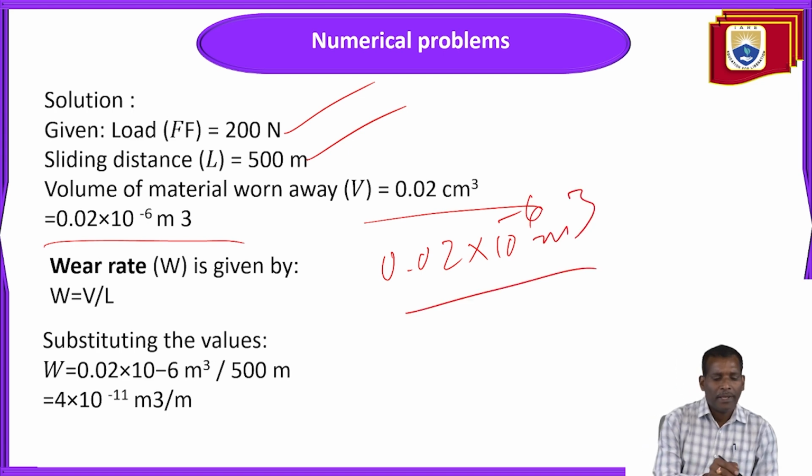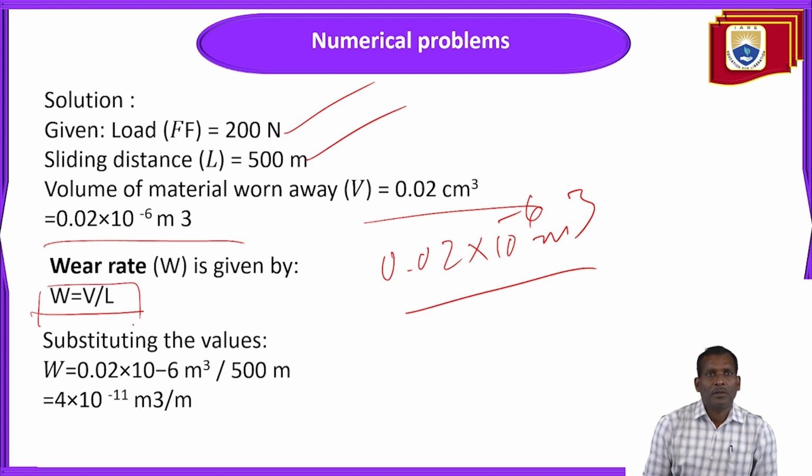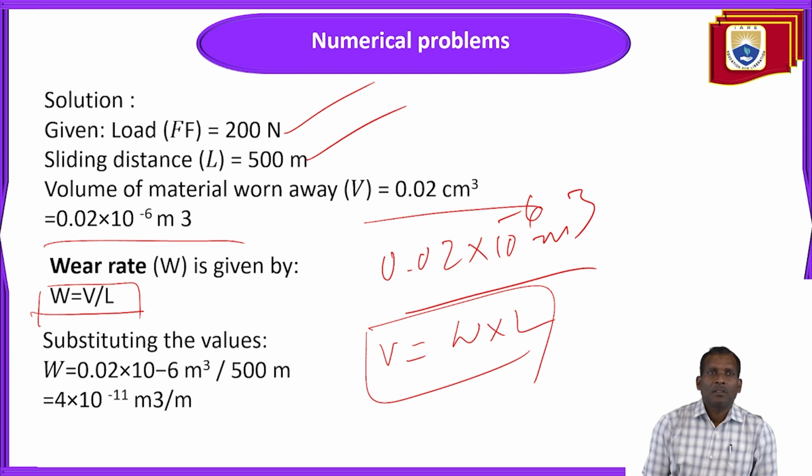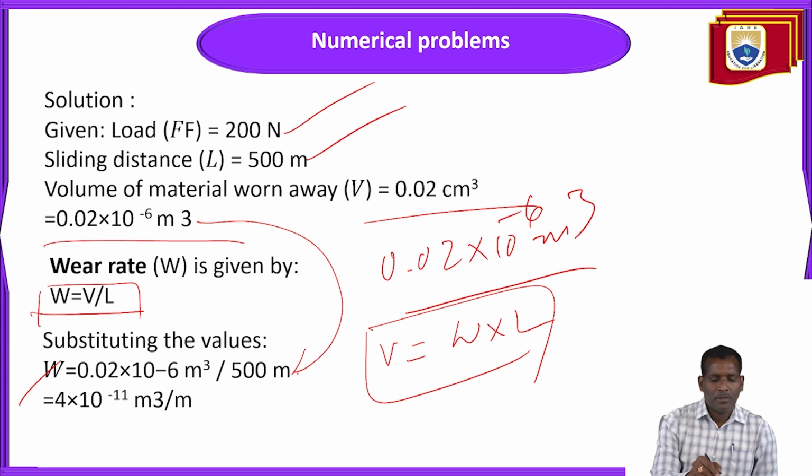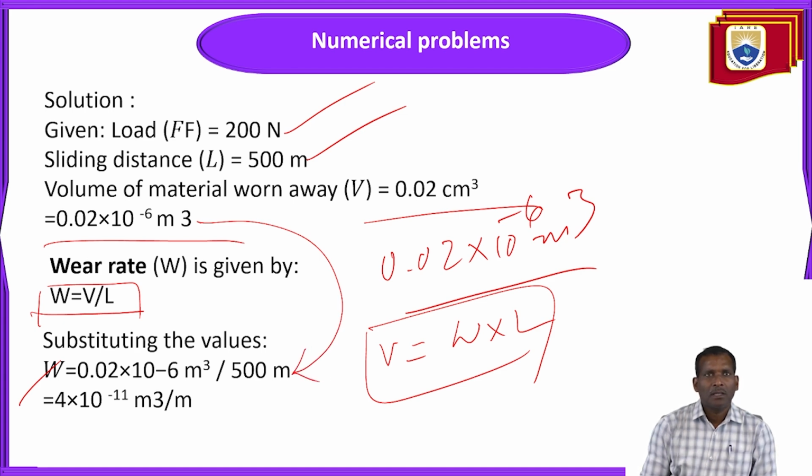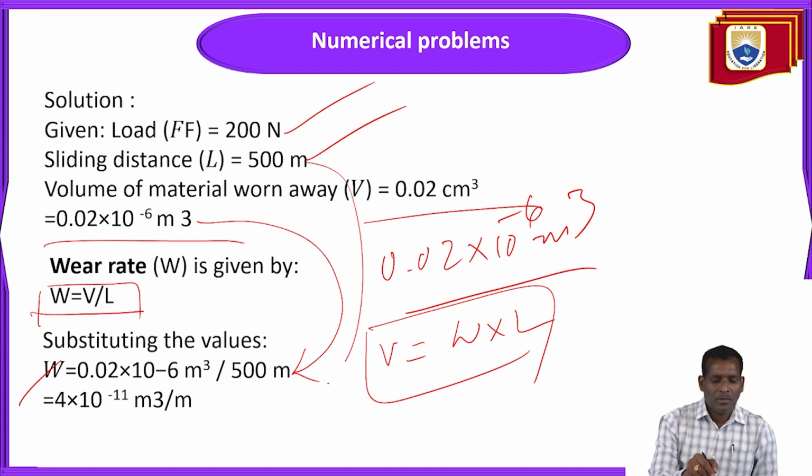The wear rate is given by W is equal to V upon L. Substituting the values, the volume of material is equal to the wear rate multiplied with L, the sliding distance. So W is equal to V upon L, where V is 0.02 into 10 to the power minus 6 meter cube and L is equal to 500 meters.